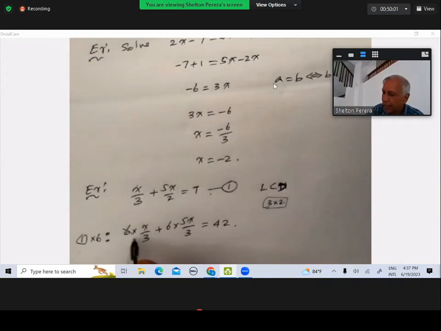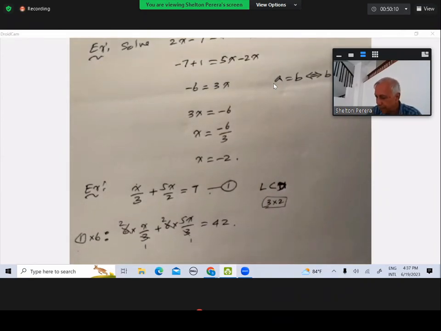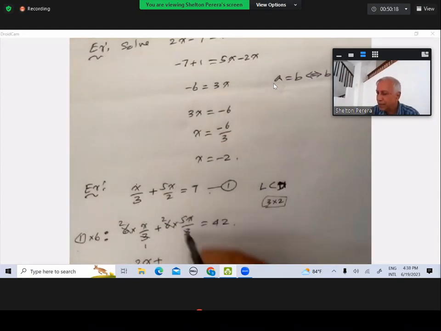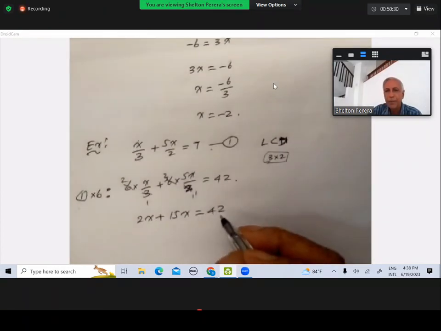So now cancellation: 2x for the first term, plus 5x over 2, this becomes 3 times 5x, which is 15x, equal to 42.